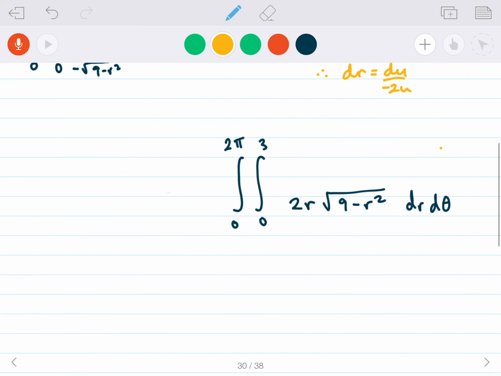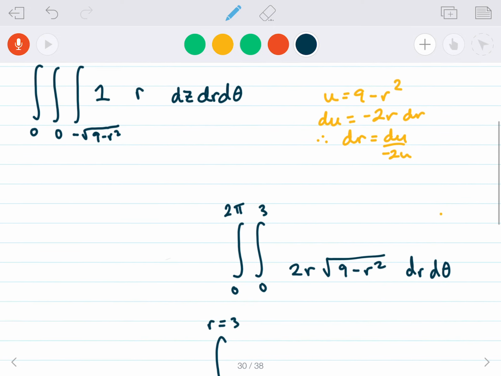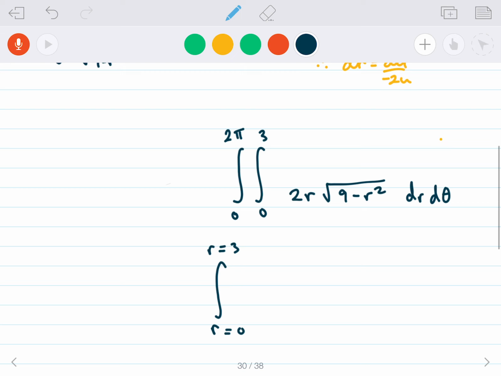I'm going to forget about the outside integral for now, keeping in mind that here my integral, I'm going from r equals 0 to r equals 3, and I have, let's see, 2r square root of u, and instead of dr I have du over negative 2u.